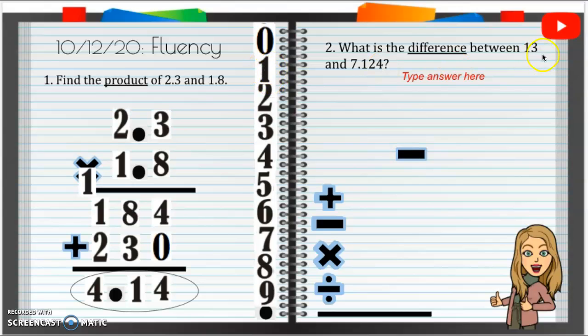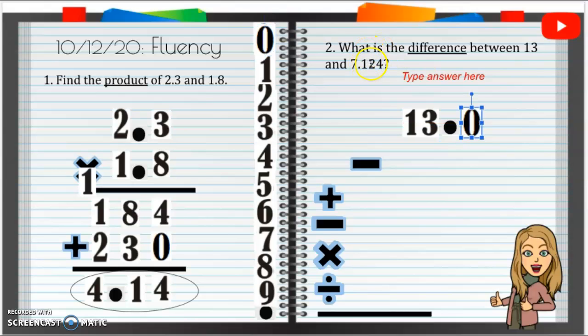Line them up. 13 though. How can I make 13 a decimal? Oh yeah, you can just add your decimal on the far right, because 13 is a whole number. And then we go into decimals. Same thing as when you think of dollars. If you have $13, you have 0 cents.